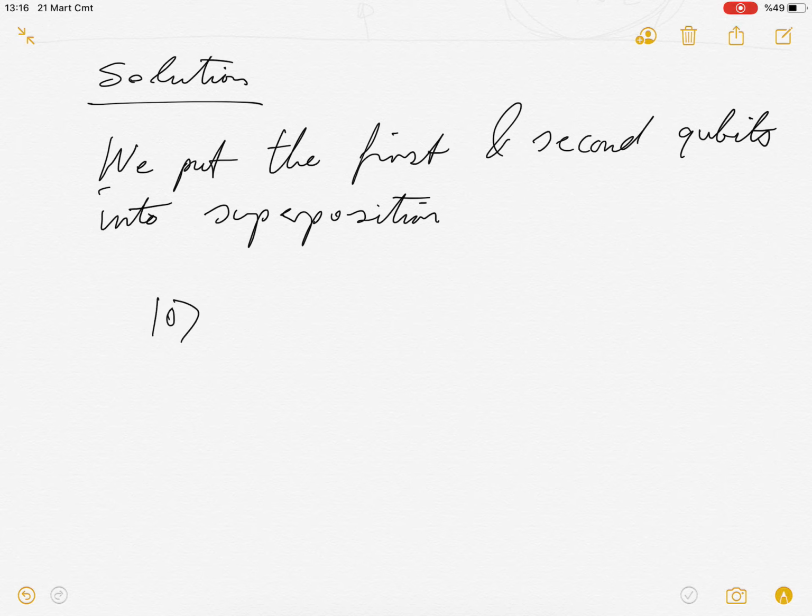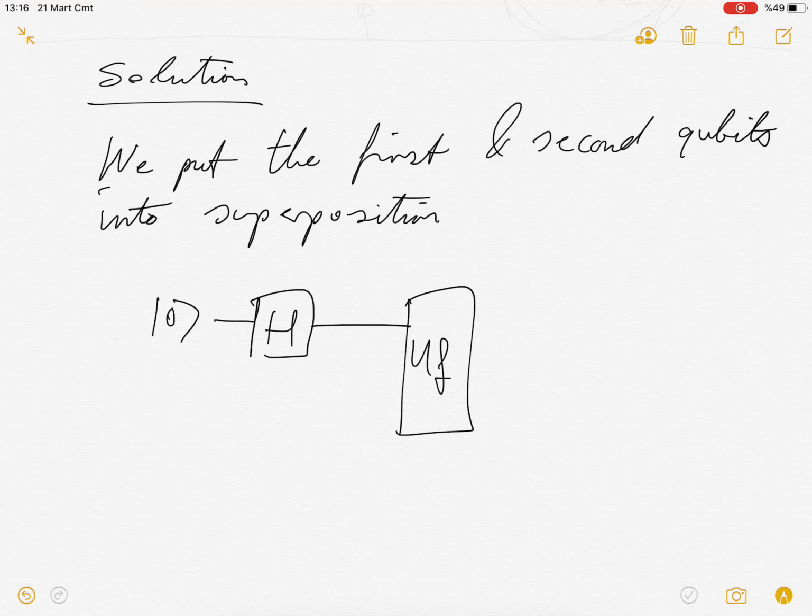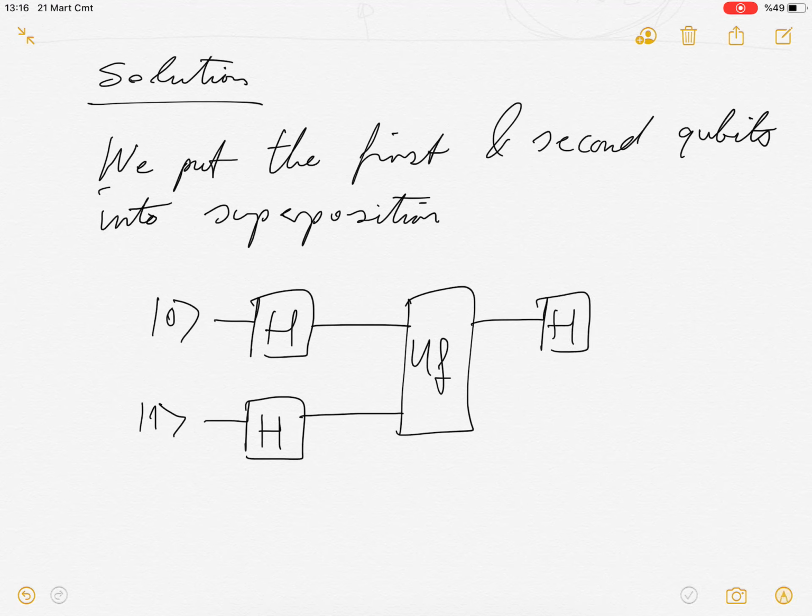We will start with 0. We will put a hadamard transform here. And this will be our oracle UF. And then the second qubit, we will start with 1. We put a hadamard transform. This will be the second qubit. And in the output, we put another hadamard transform in the first qubit of the output. And then we make a measurement. So we only need to measure the first qubit. That will be sufficient.